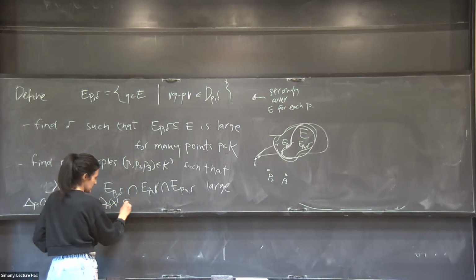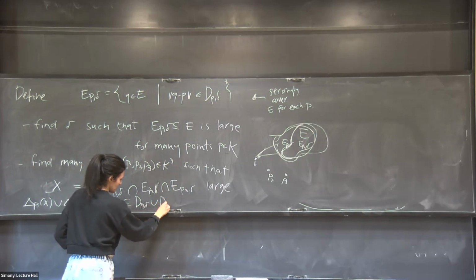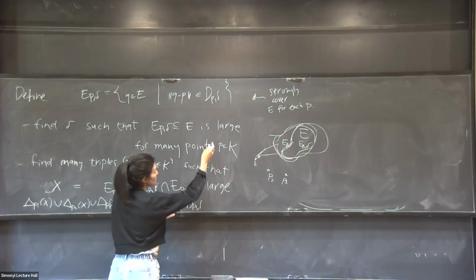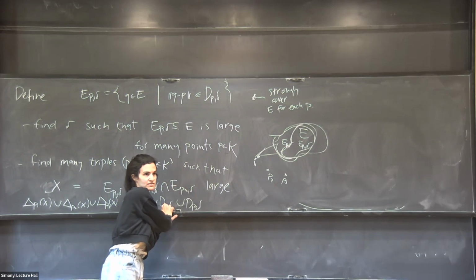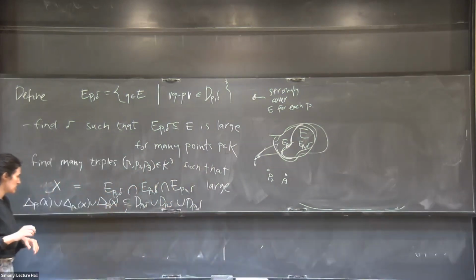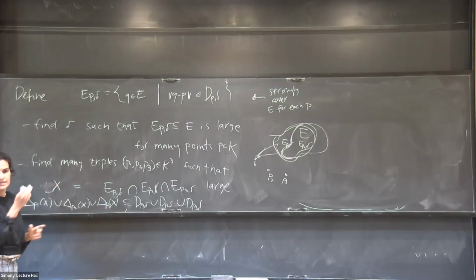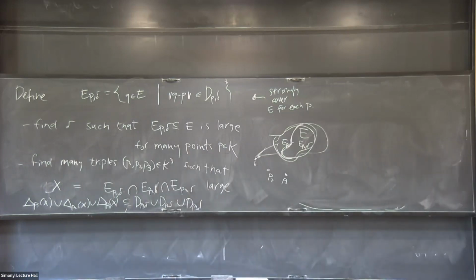Because it is contained in dP1 delta, dP2 delta, dP3 delta, and each of them is of size delta to the alpha over 2 plus C. Okay, so in this sense, it's small. So we found the set X, one set, and 3 points, and we know that the set of distances between these 3 points and this set X is small. How small? Sufficiently small to contradict the conclusion of this theorem.